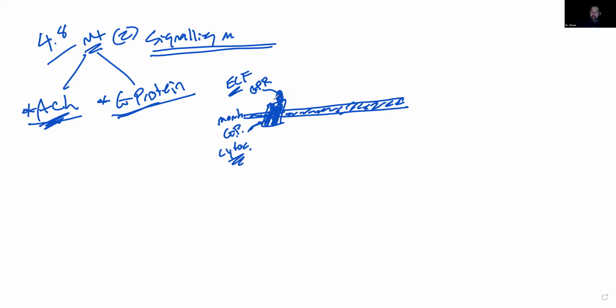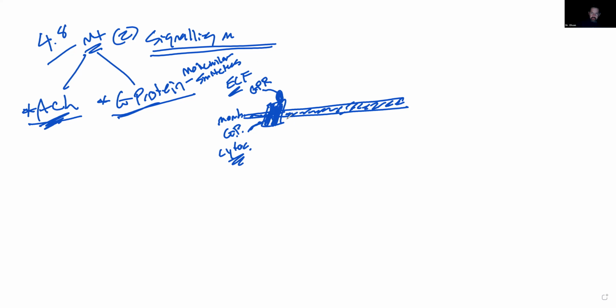The G protein is embedded in there. The receptor is on the extracellular fluid side, on the outside. And what we're going to say is that G proteins are molecular switches. So we're going to say a G protein is a molecular switch.